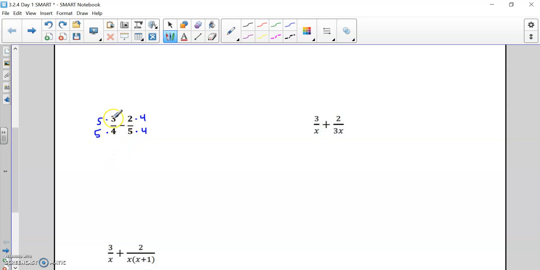And so when we multiply, as we learned previously, we could just go right across. So 5 times 3 is 15, 5 times 4 is 20. So this fraction becomes 15 out of 20. And then this fraction becomes 2 times 4 is 8, 5 times 4 is 20. So now I can just go ahead and do the subtraction by doing 15 minus 8, which is 7, and the denominator, 20, we just leave as is.